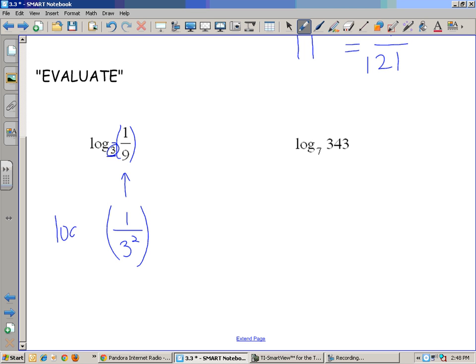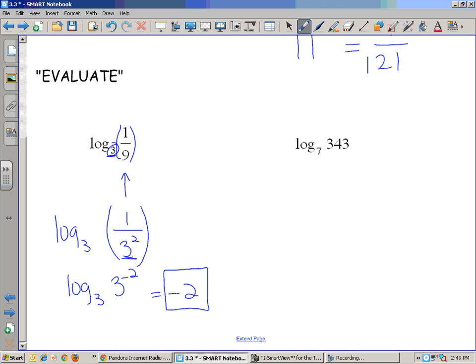This log base 3 is going to stay the same. And now I want to convert this so that it's not 1/3, but it's rather 3. So I'm going to go back to Algebra 1, and I'm going to use my laws of exponents that says I can do that. And now I'm going to use the power rule or log properties that says this is equal to -2. So my final answer is -2.